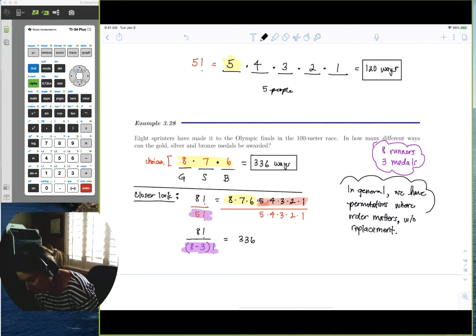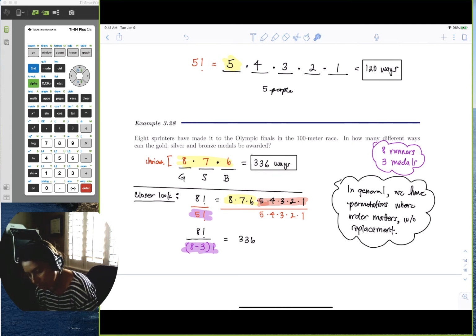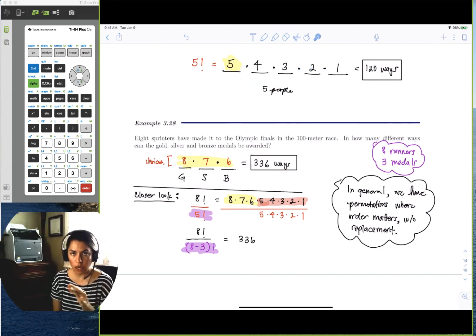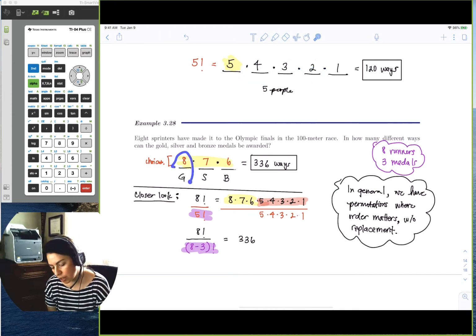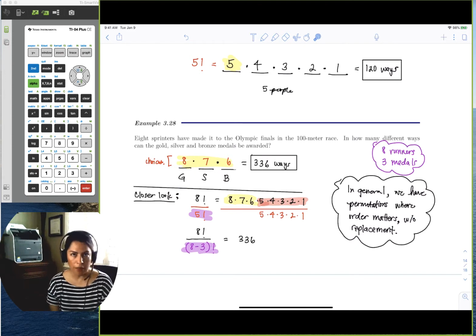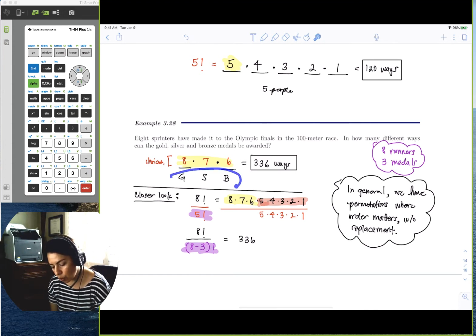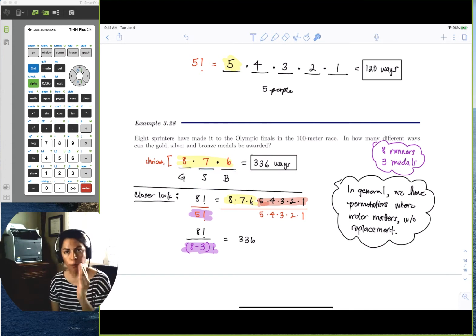So just like the door prizes above, if this person picks a door prize, they don't get to pick again and again, right? The one door prize is gone, it's done. Once this person gets the gold medal, they don't get another medal. So permutation is exactly this, where order matters: gold, silver, bronze, president, vice president, secretary. And we do not replace anybody. Once they're taken out, they're taken out.